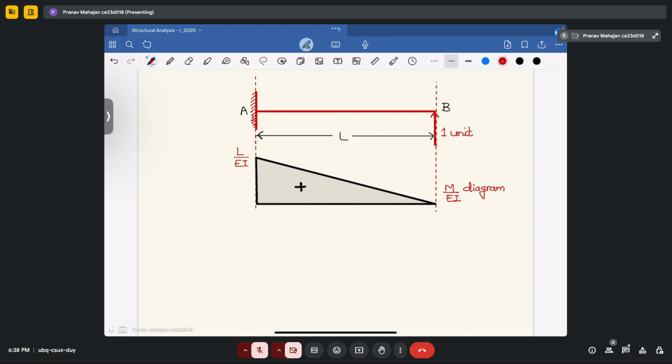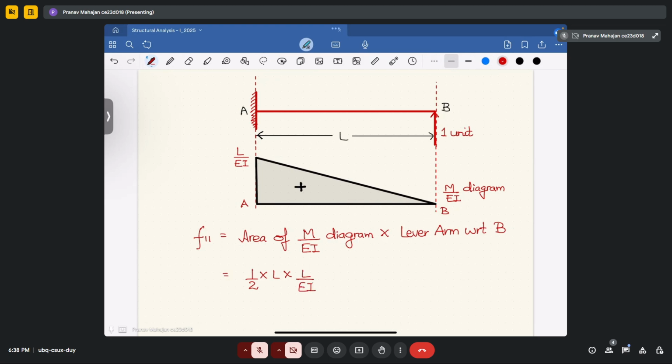Now your F11 in this case will become the area of the M upon EI diagram multiplied by your lever arm with respect to B. So that will be equal to 1 by 2 into L into L upon EI.